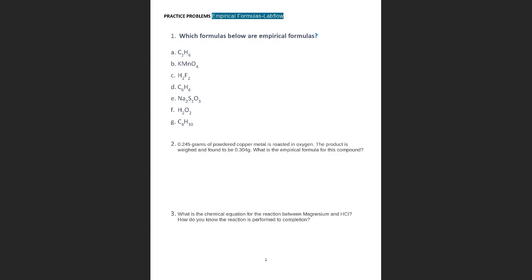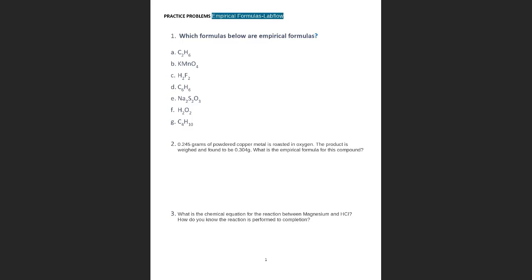Which formulas below are empirical formulas? A, you can say yes or no. I will look at what you think. No, very good. Exactly. Let's pay attention.